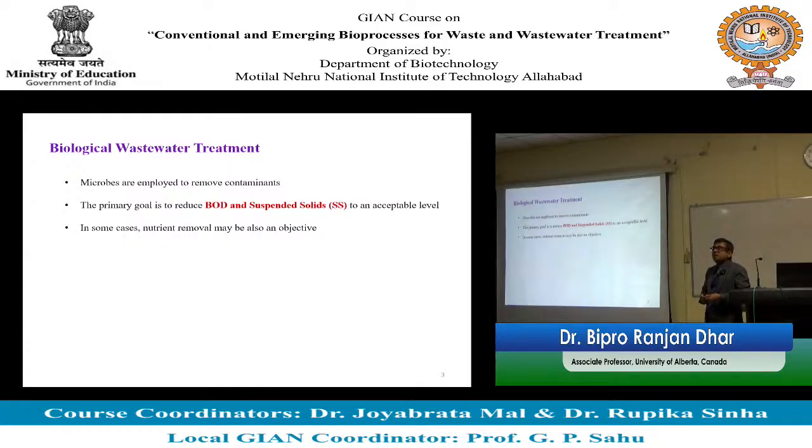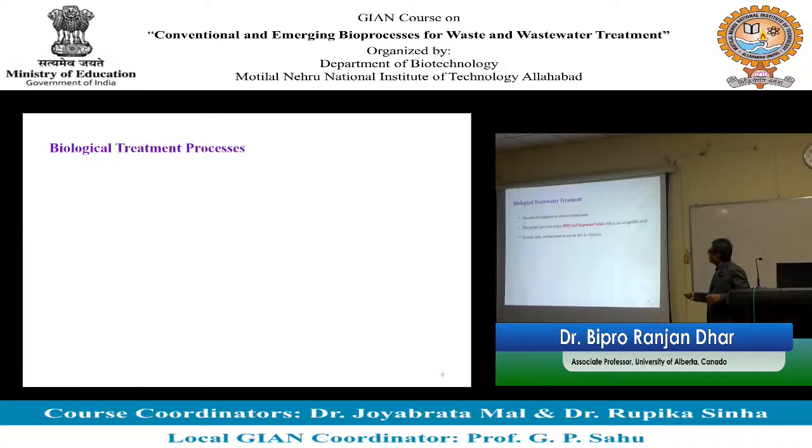You can have eutrophication, like summer algae blooms, and that can deplete the dissolved oxygen in surface water bodies. That means it can interfere with the growth of aquatic microorganisms, different types of organisms, plus plants. So basically it damages the aquatic ecosystem. So we cannot overlook that. Nutrient removal can also be an objective.